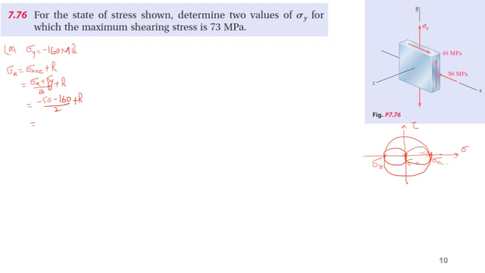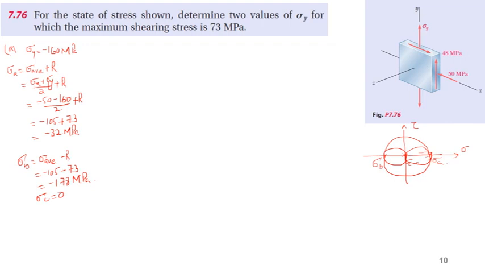Putting in the values, sigma average is minus 105, plus 73, which becomes minus 32 megapascal, which is compressive in nature. Sigma B is sigma average minus radius, so minus 105 minus 73 becomes minus 178 megapascal, and sigma C is 0.